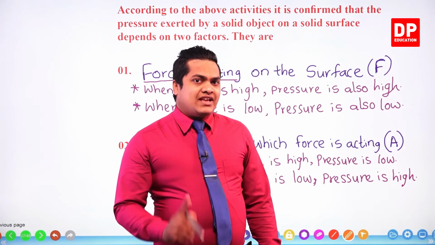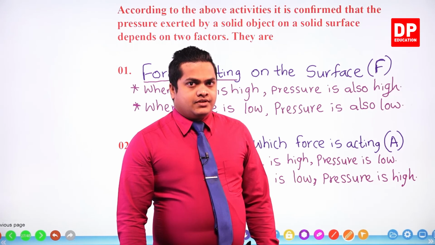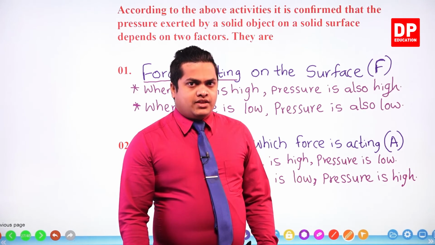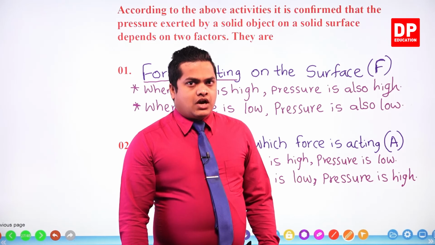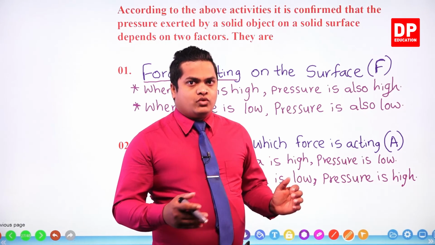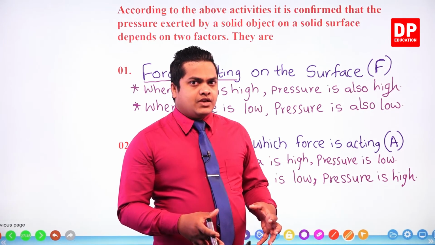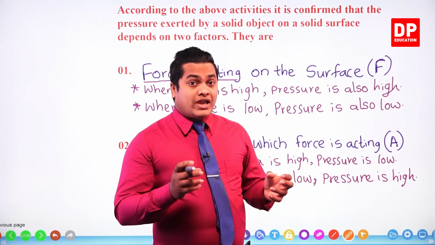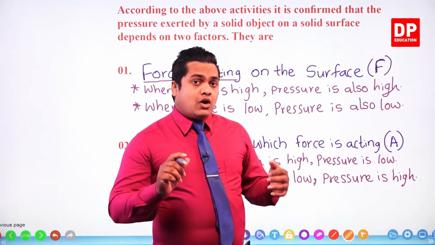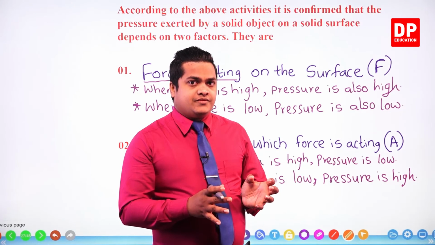Within our next chapter, we'll be investigating how to calculate the pressure. We know that force and the surface area are the two factors that affect the pressure. But we don't know how to calculate the pressure, how we can get a magnitude of a pressure by using a certain unit.